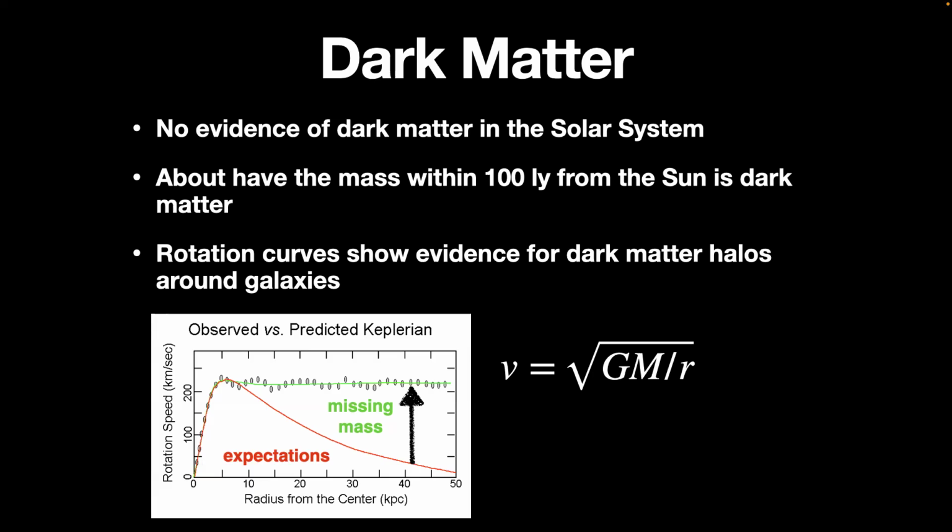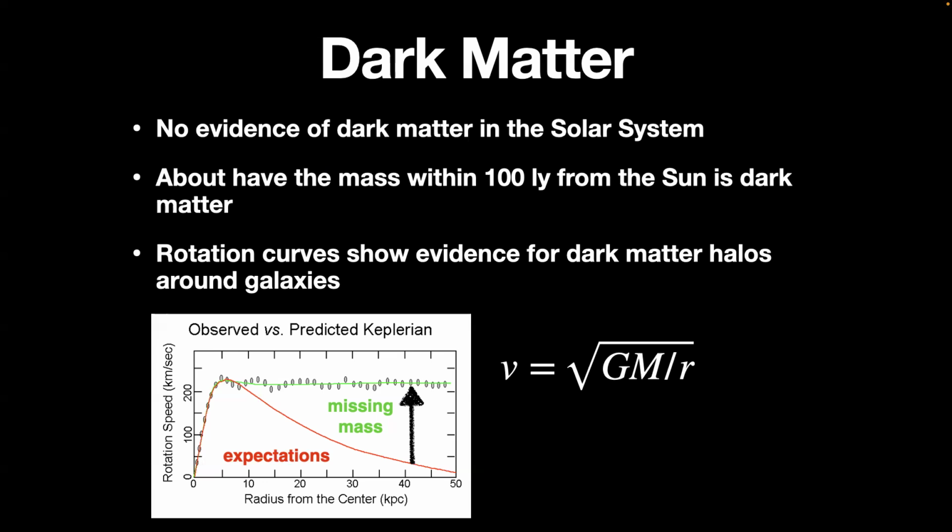The solar neighborhood is a little bit of a different story. If we look at the orbits of stars that are about 100 light years from the sun, we do see some deviations, and those deviations indicate that about half of the mass in that volume of space is dark matter.